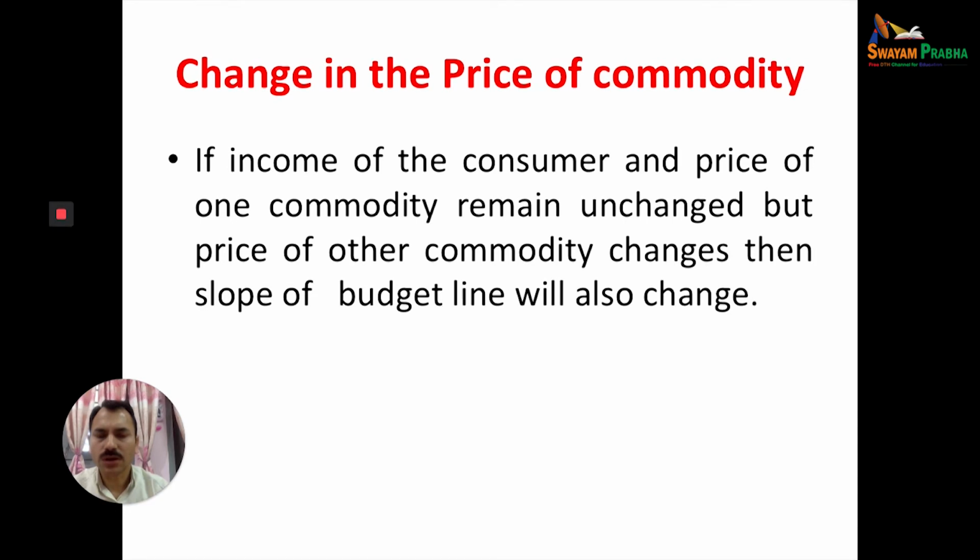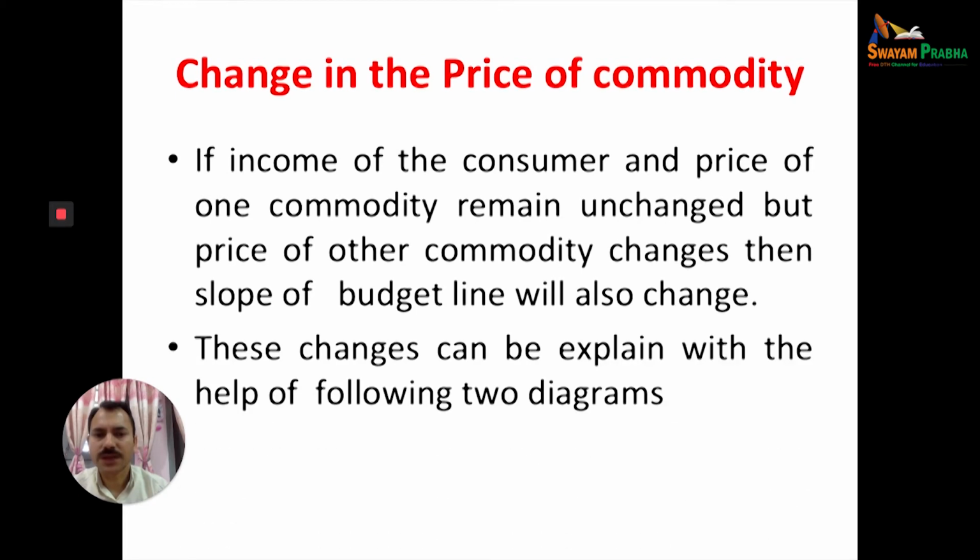The slope will be unchanged. Second, a change in the price of a commodity. If the income of the consumer remains constant, the price of one commodity remains unchanged, but the price of the other commodity changes, then what will happen to the slope of the budget line or price line?